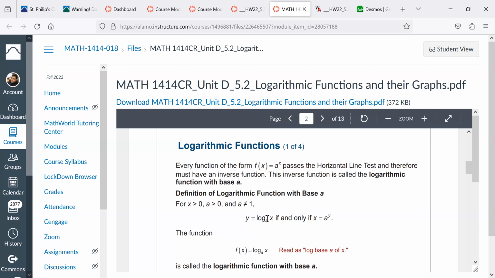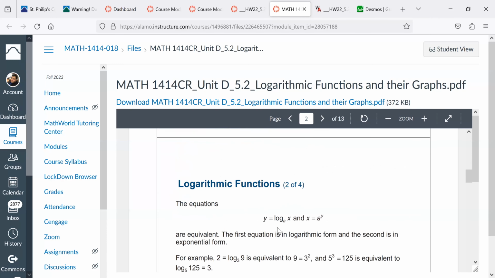So y equals log base a of x if and only if x is equal to a to the y. So this is the definition of a logarithm. You can change an exponential into this form. You read it as log base a of x. So the base is right here, the a. Just need to make sure you know how to switch back and forth.